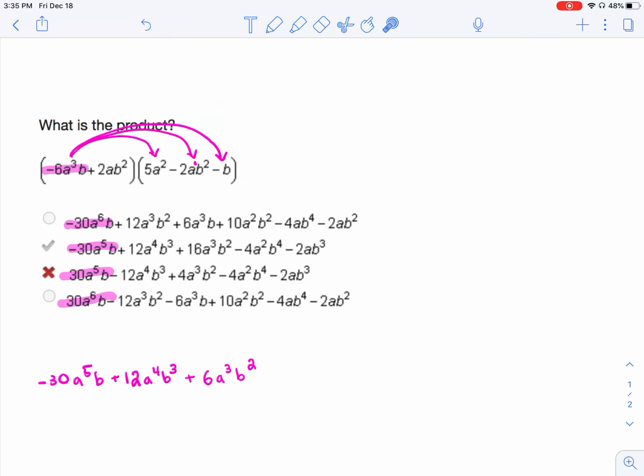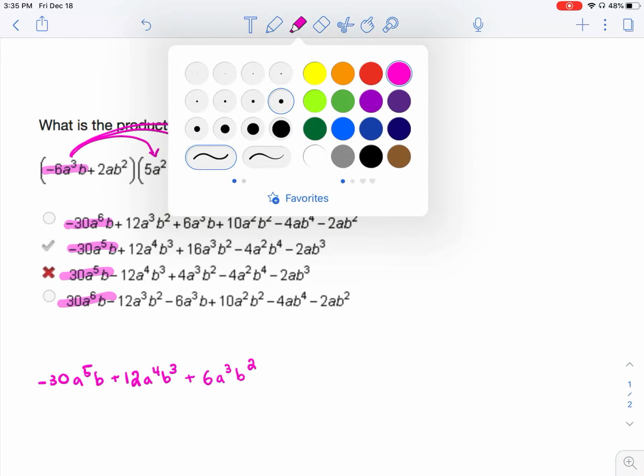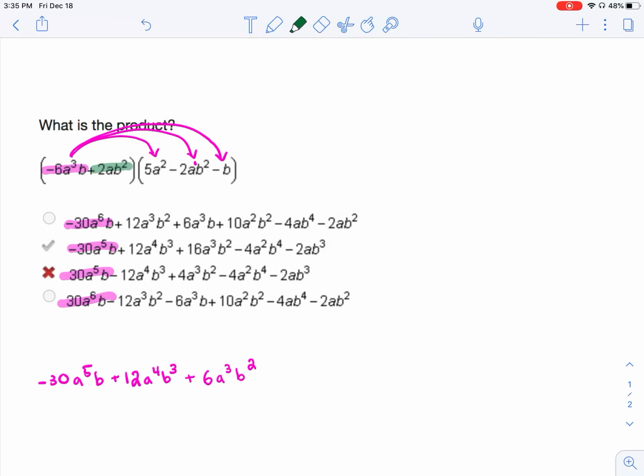We multiplied this first term and we distributed to every term here, but we also want to do the same thing with this term. I'm going to use green arrows. I'm going to do the arrows downwards so the arrows don't overlap. And we do the same thing. So I'm going to add it here. We have 2ab squared times 5a squared.